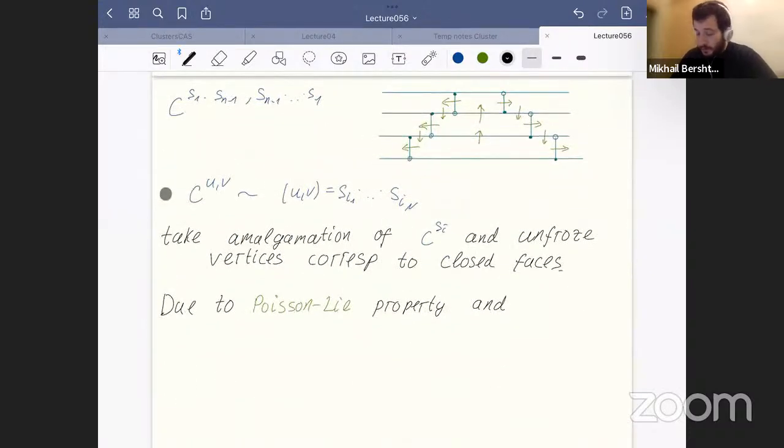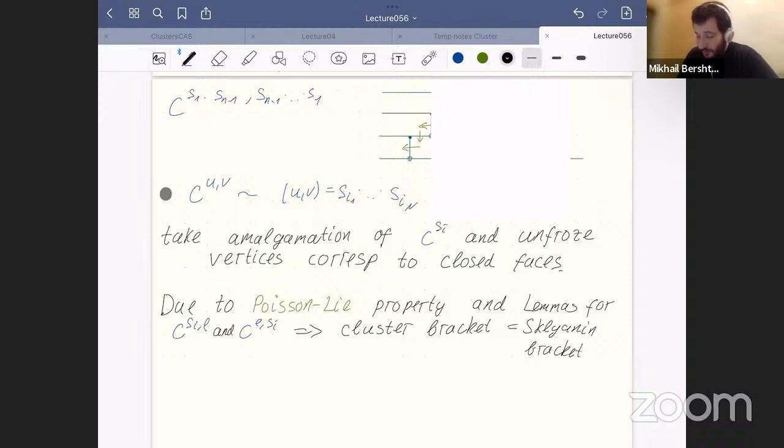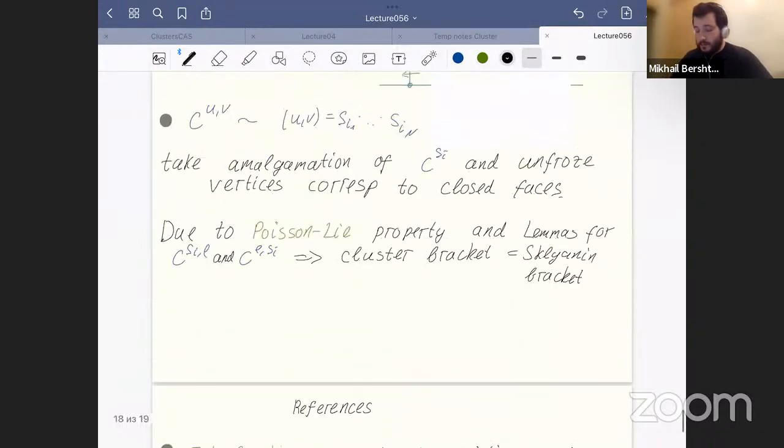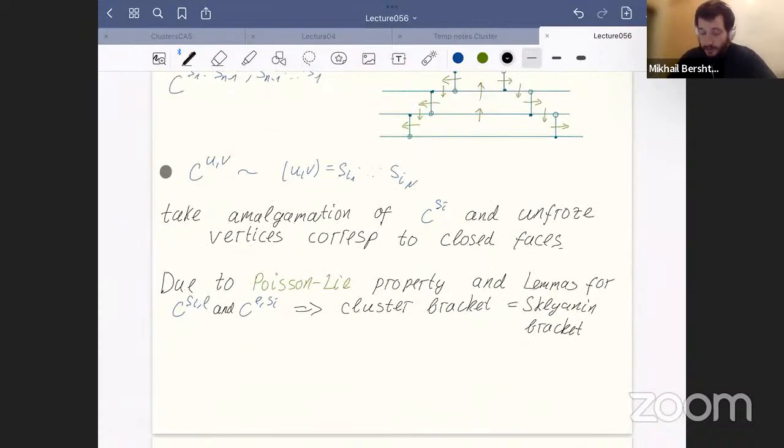And by lemma 4, we get that the cluster bracket is equal to the square. Okay, and this is the end of the proof.